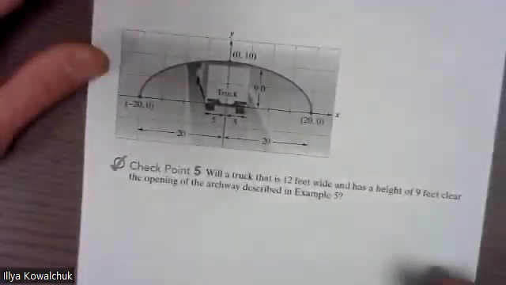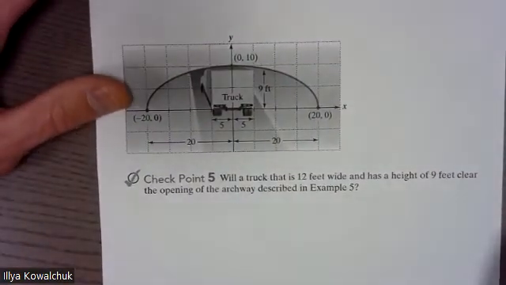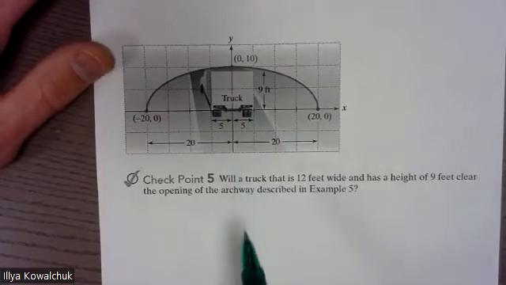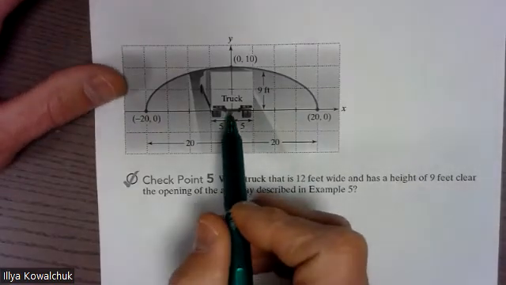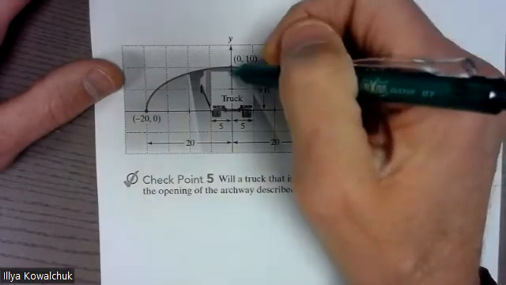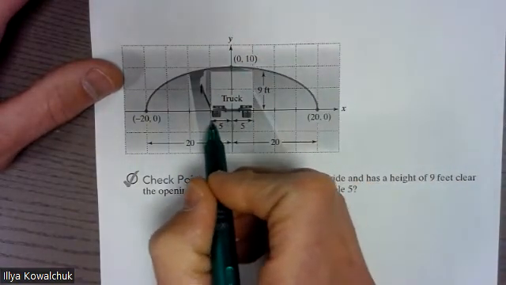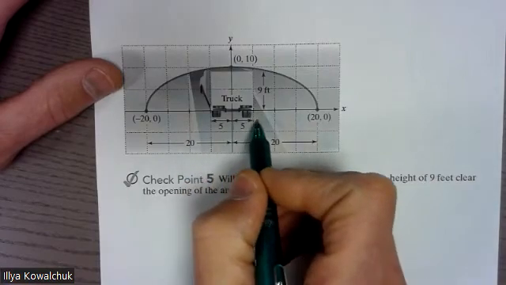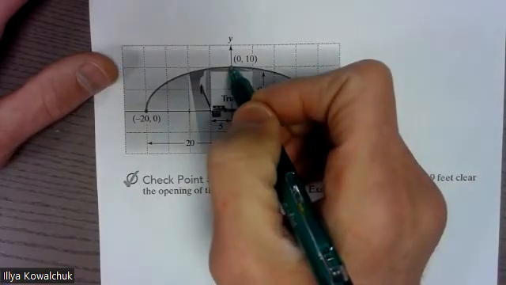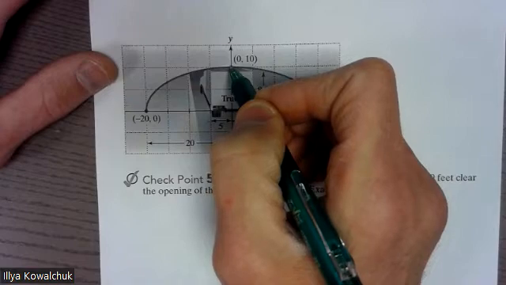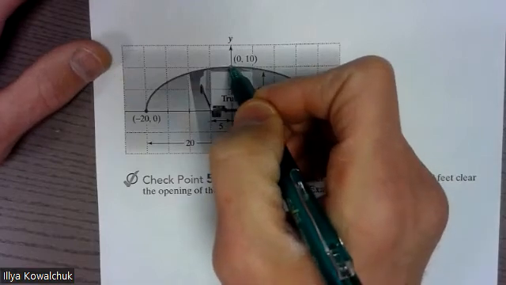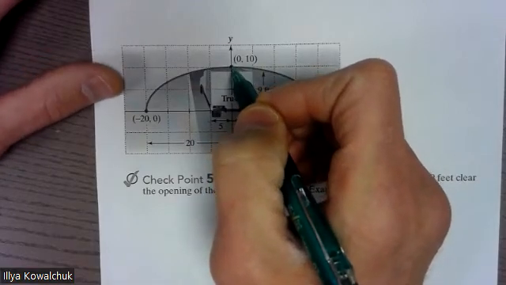So if we look at this diagram down here, this is our semi-elliptical tunnel and the truck going through it. So now we know that if we split the truck down the middle, the truck is 10 feet wide, that each side of the truck is 5 feet. So we know that because the tunnel is 10 feet tall at the intersection point of the minor axis, the truck will definitely go through there.